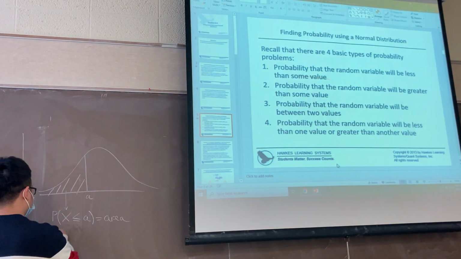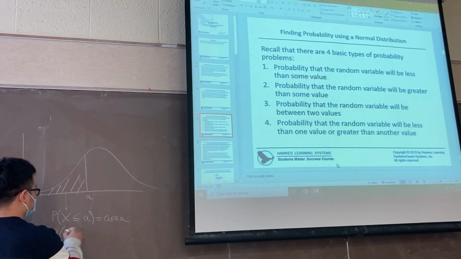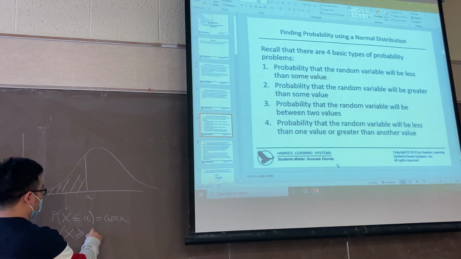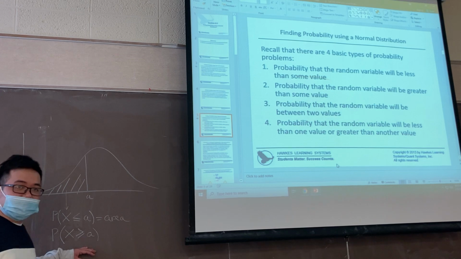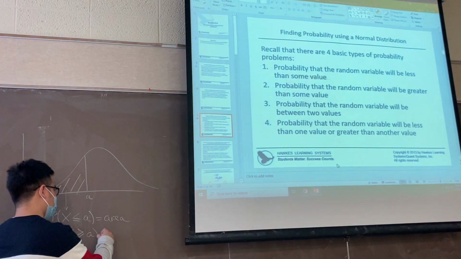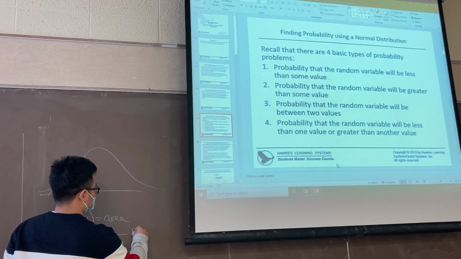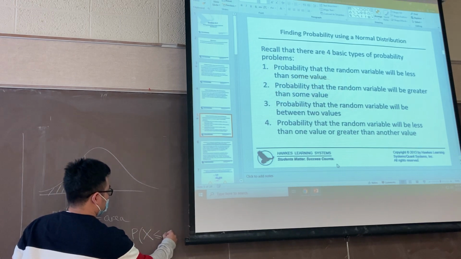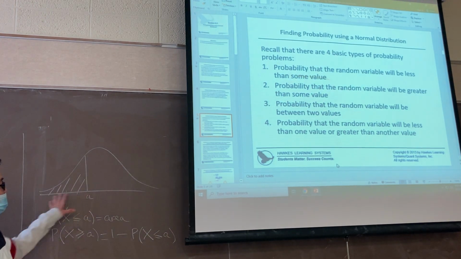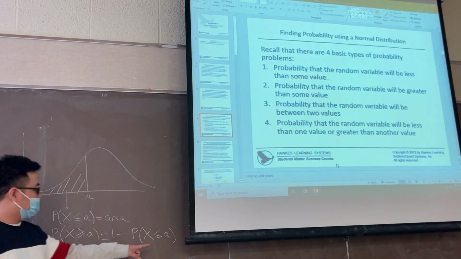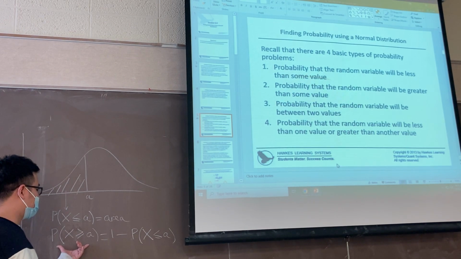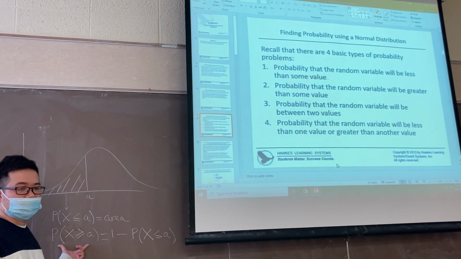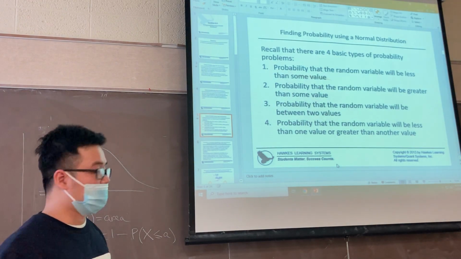The second is the probability that the variable is greater than or equal to some value. In this case, we use 1 minus the previous probability, because the total area is 1.